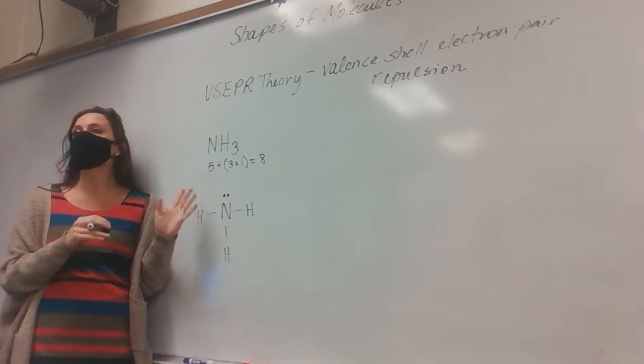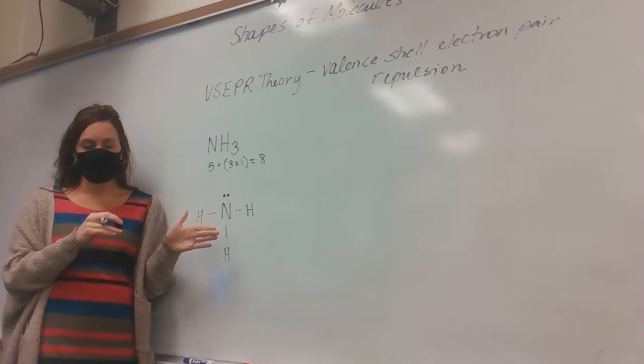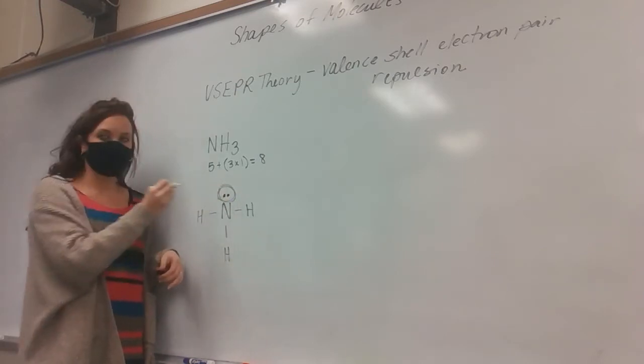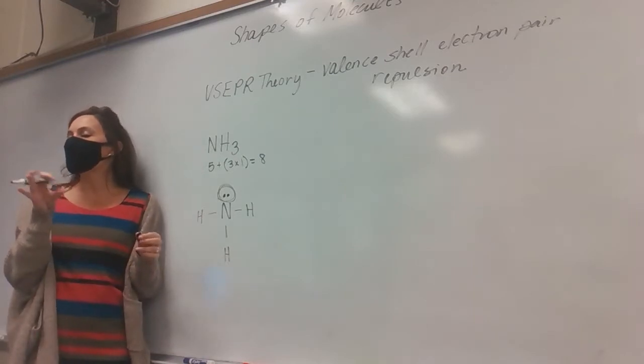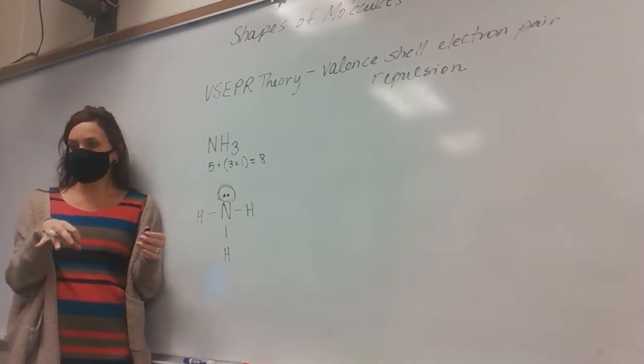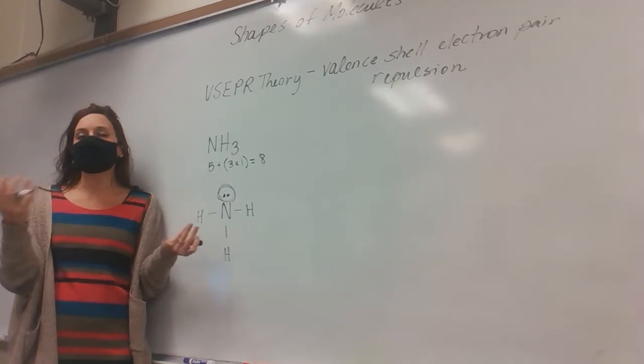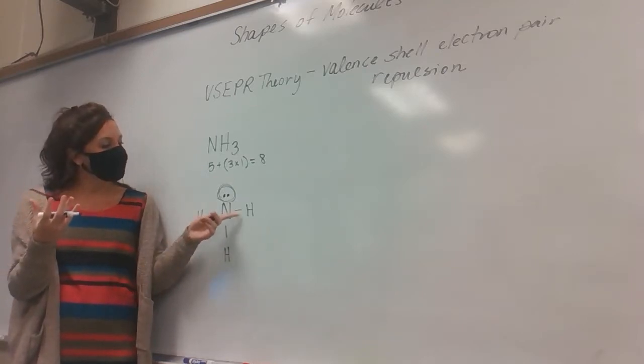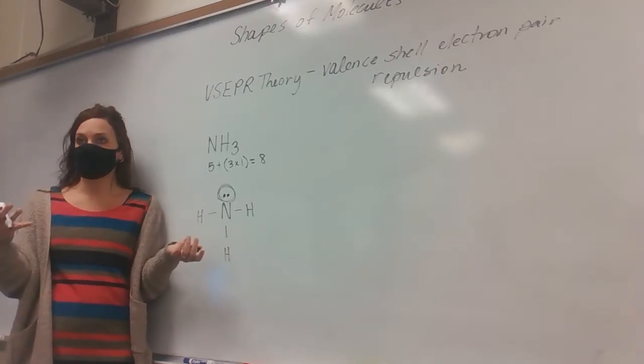But if we draw it according to its shape, what happens is this lone pair of electrons creates a large amount of repulsion. Lone free electrons that are not in a bond create repulsion and push these hydrogens away.